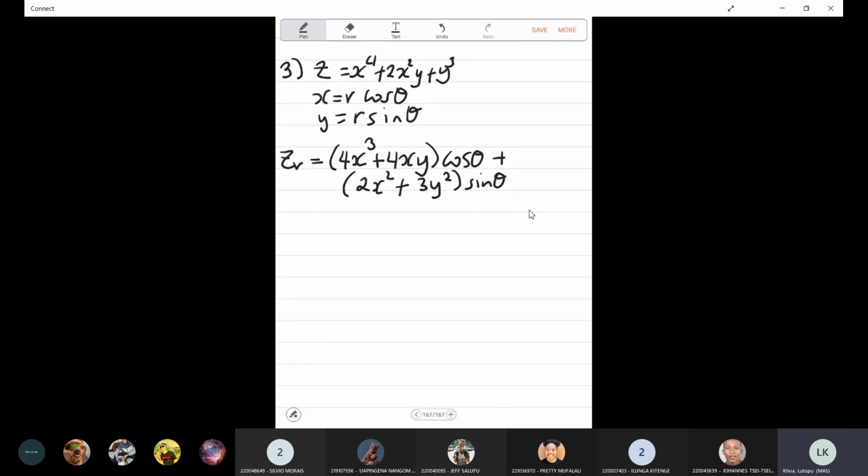And then z with respect to theta. First we have z with respect to x, which is 4x cubed plus 4xy, and then x with respect to theta, that's minus r sine theta. And then z with respect to y, this is 2x squared plus 3y squared, and then y with respect to theta, which is r cos theta.